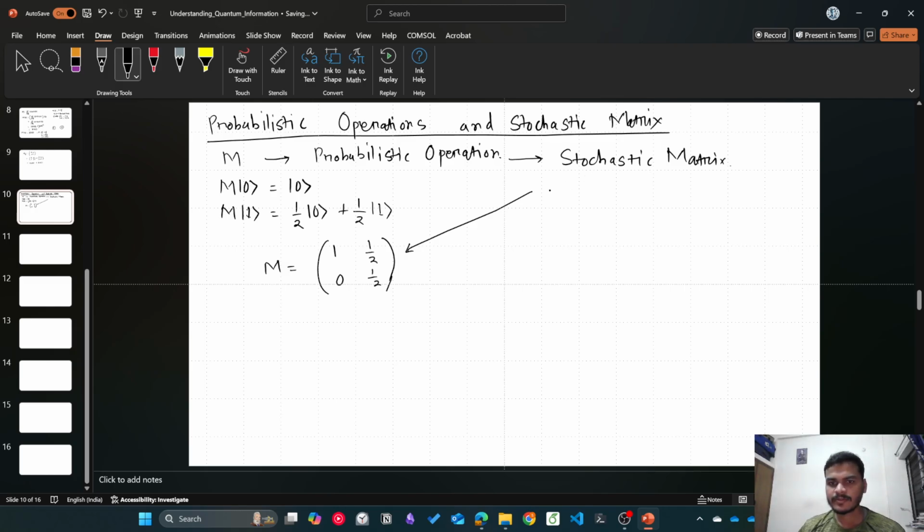So what are the properties of the stochastic matrix? The first property is that all entries again are non-negative real numbers, and the second property is that the entries in every column should sum up to 1.